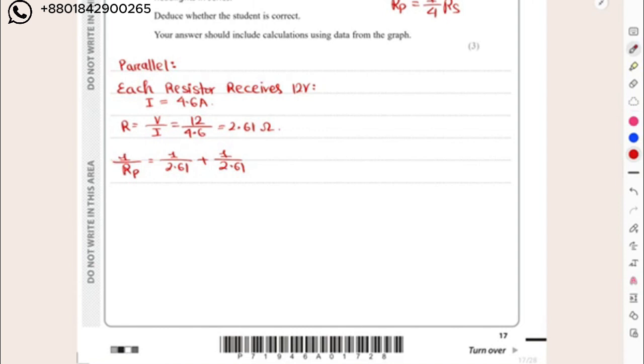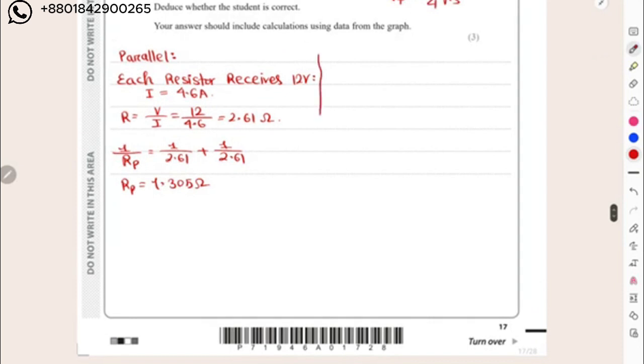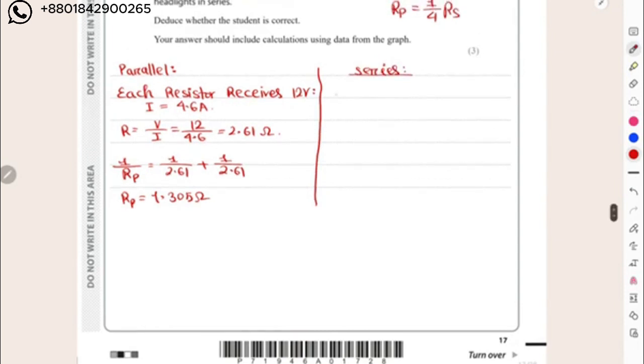So just invert it and you get 2.61 over 2. That is 1.305. Okay. So for RP, you actually get 1.305 ohms. Now again, you do the calculation for series. For series again, each resistor now receives 6 volt.